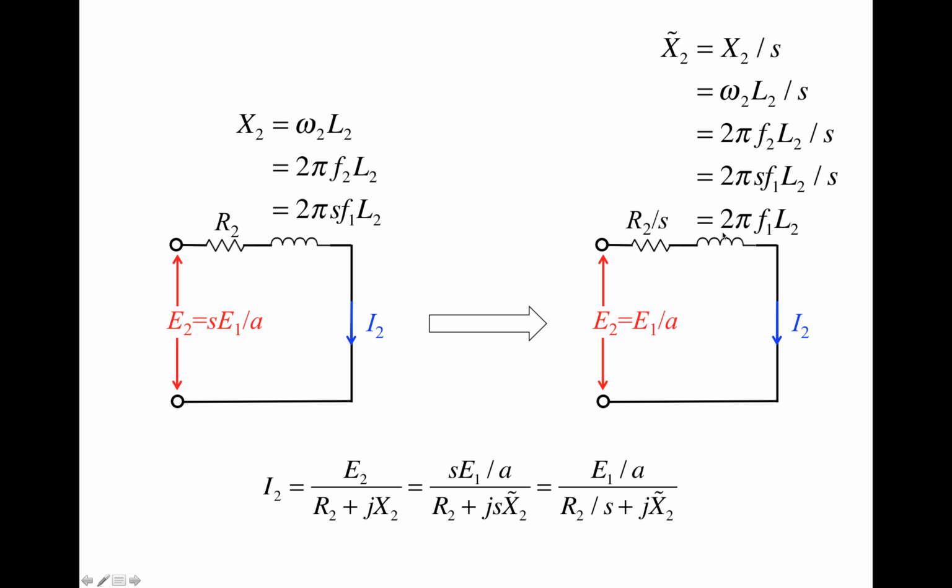And this term doesn't have slip in it. So if we do these two replacements, replace R2 with R2 divided by S, and replace X2 with X2 wiggle, then this equivalent circuit operates under F1, the stator side frequency.